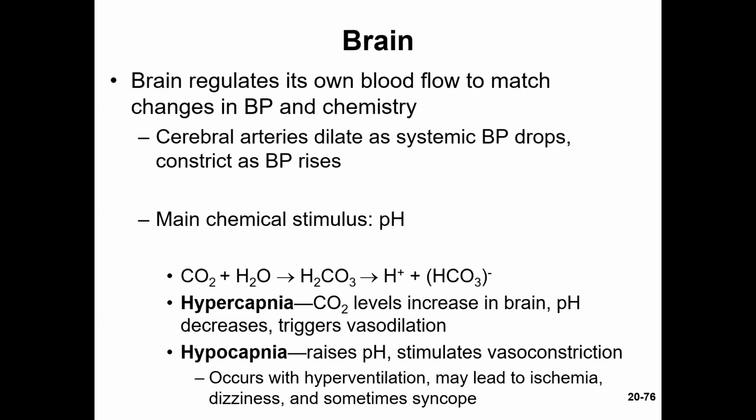Hypercapnia is when the CO2 level increases in the brain, the pH decreases and triggers vasodilation. Hypocapnia raises the pH, which stimulates vasoconstriction. This occurs with hyperventilation, and it may lead to ischemia, dizziness, and sometimes syncope.